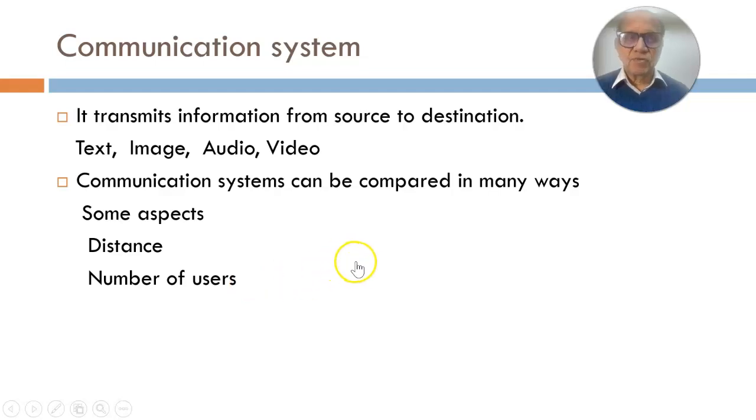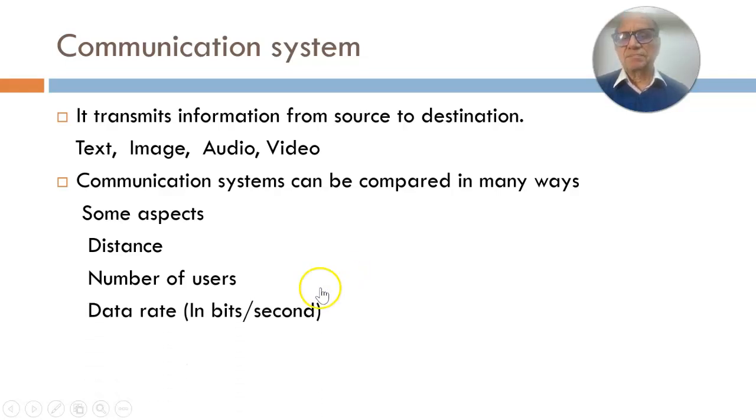Another is number of users. Some of the communication systems have a large number of users. Some of them will have a small number of users. So this is another aspect based on which you can compare communication systems. The third one is the rate at which the data is sent in bits per second. Some of them will be quite fast, some of them would be slow depending on the application.